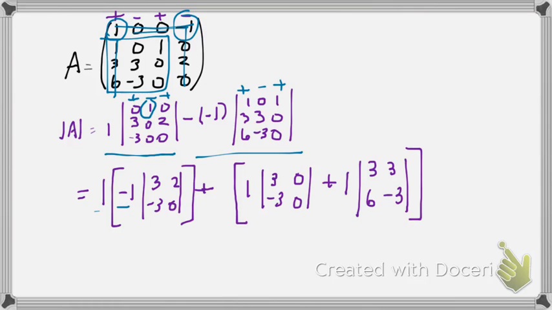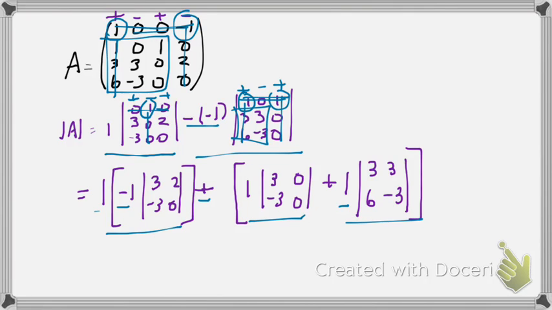So that's our negative 1, and the resulting matrix was the 3, 2, negative 3, 0, given here. And then here, the negative and the negative give me a positive. And so I have to look at this term and this term. They're both positive. It is 1 times its resulting matrix when I get rid of this. And then this last 1 times its resulting matrix, which is given here.